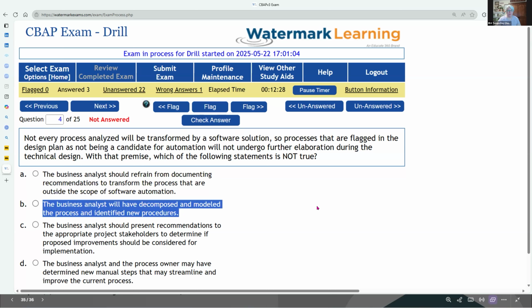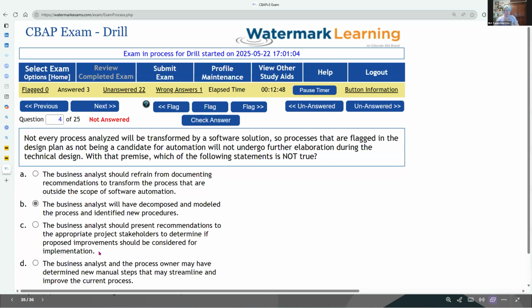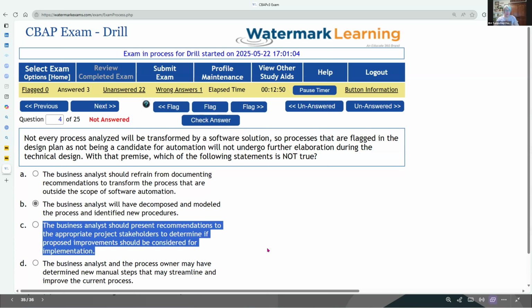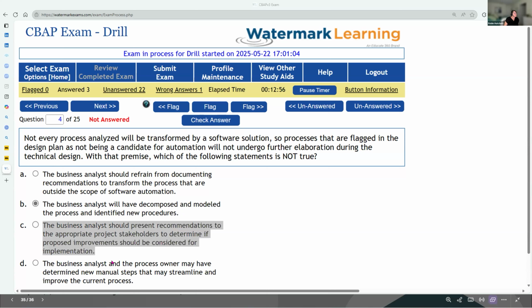Is B true? That sounds like further elaboration. So it might not be true. Okay, so maybe this one is not true. Let's check the others. How about C? Is C true? According to the BABOK? Yeah, that one sounds true.